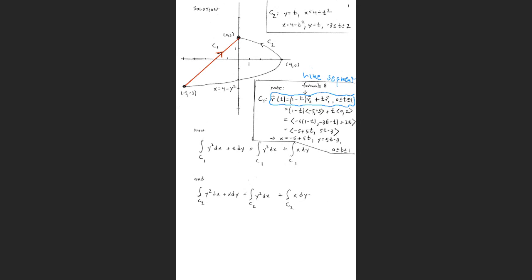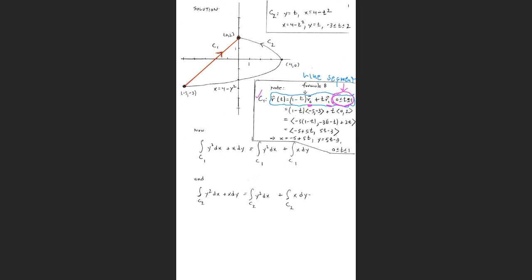R sub 0 is your beginning point of the line segment, plus t times r sub 1. R sub 1 is the end point of the line segment. And the limits on the parameter t are between 0 and 1, always, if you use this formula. And that's what's nice, because you don't have to worry about what the limits are on your parameter t.